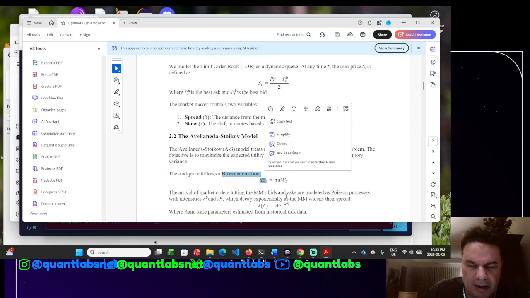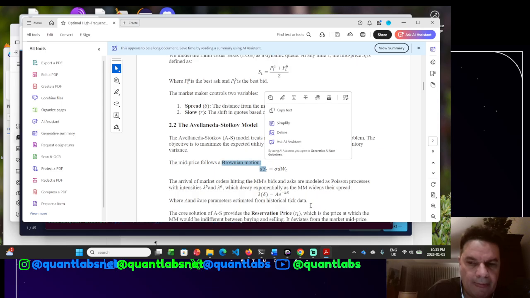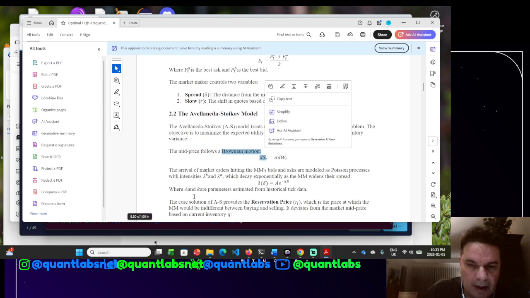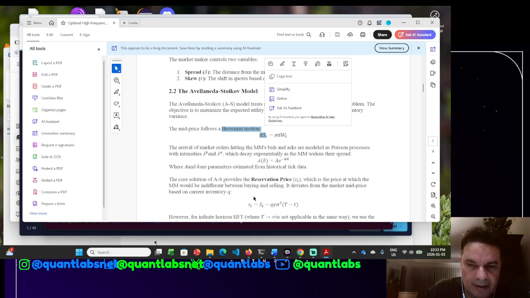The market maker's bids and asks in the model follow a Poisson process, where the arrival intensity decays exponentially as the market maker widens the spread. So A and K are parameters estimated from the historical tick data.